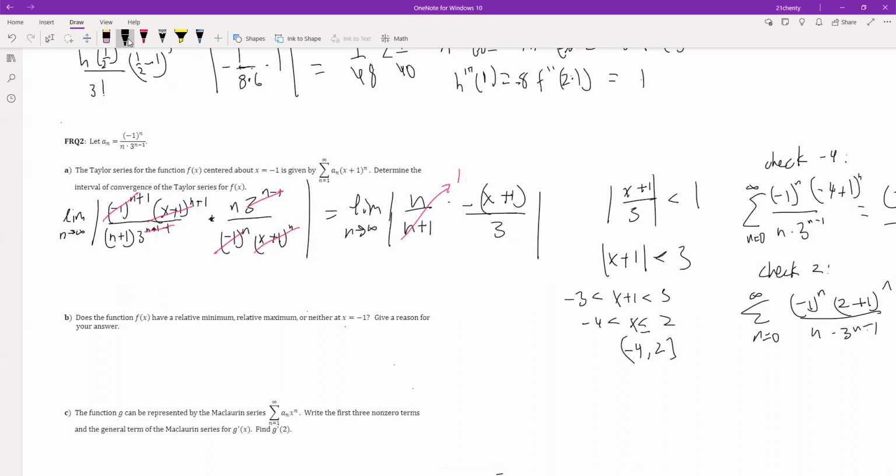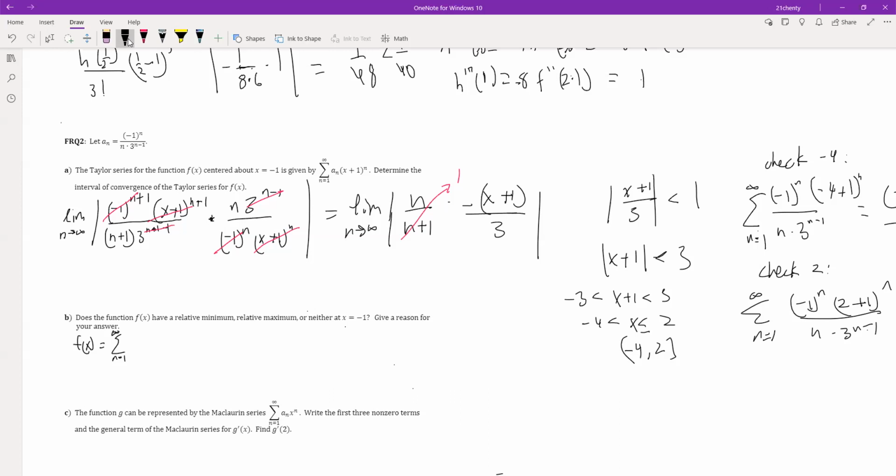We will say f of x equals this series. I just realized that n equals 1 is the start, but it doesn't make a difference for what we were doing before.